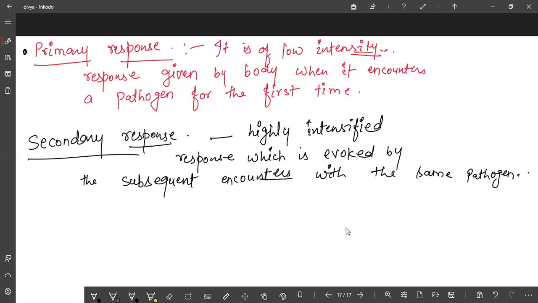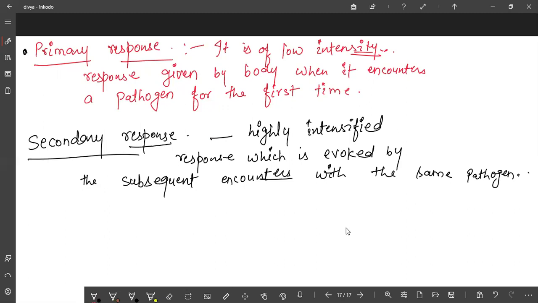Since it is memory based immunity, when a pathogen attacks our body for the first time, it produces antibodies that fight against that pathogen, and memory cells will be produced, and those memory cells memorize the nature of the pathogen. So for the second time, when the same microbe attacks our body, the memory B cell or T cell memorizes the first encounter, and it produces a huge amount of antibody, and the response given is called secondary response. Since our body becomes habituated to this microbe, this will be of high intensity.